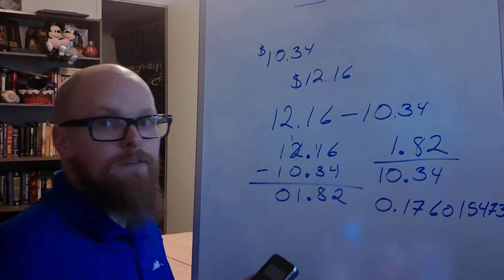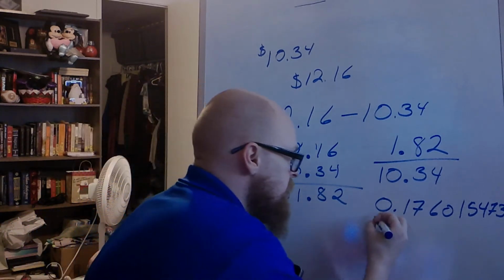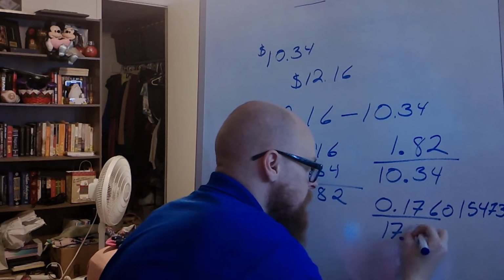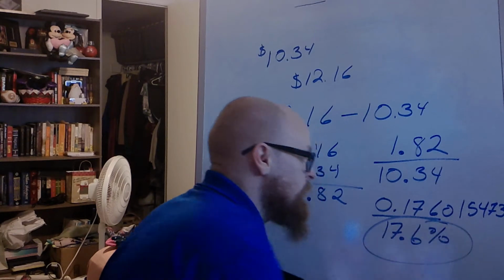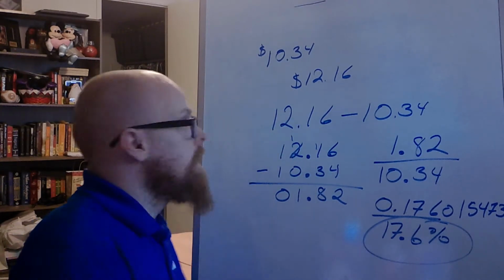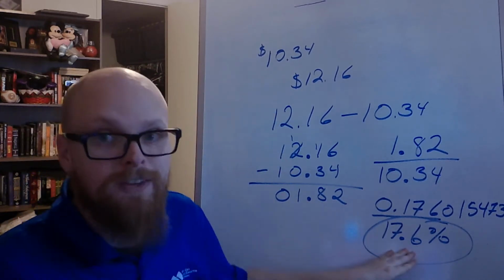Okay? Round if you have to, because again, we're looking for a percentage. So I change this to a percent. 17.6%. And this is my answer. The percentage of change from this pay to this pay after 6 months is 17.6%.